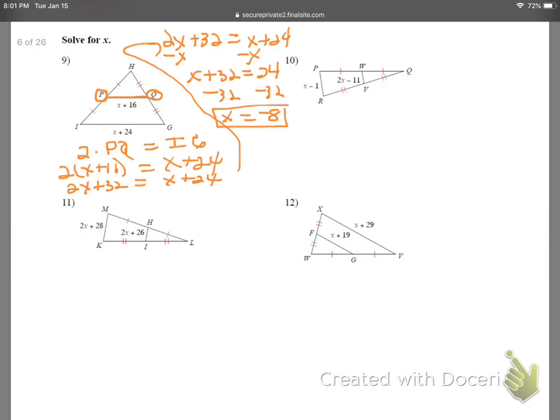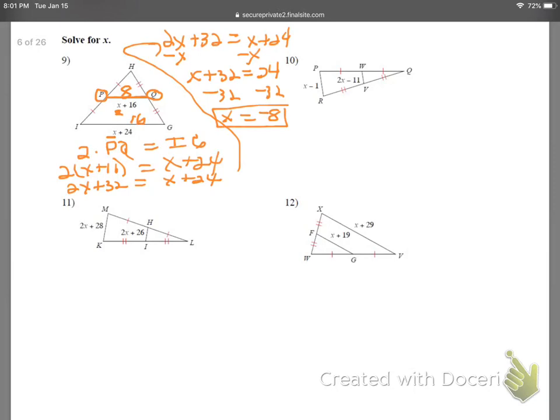If I plug in a -8 right here, what do I get for PQ? Well, -8 plus 16 is +8. Now, if IG is double that, I want that to be 16. If I plug in a -8 here plus 24, I do indeed get 16, so that all checks.